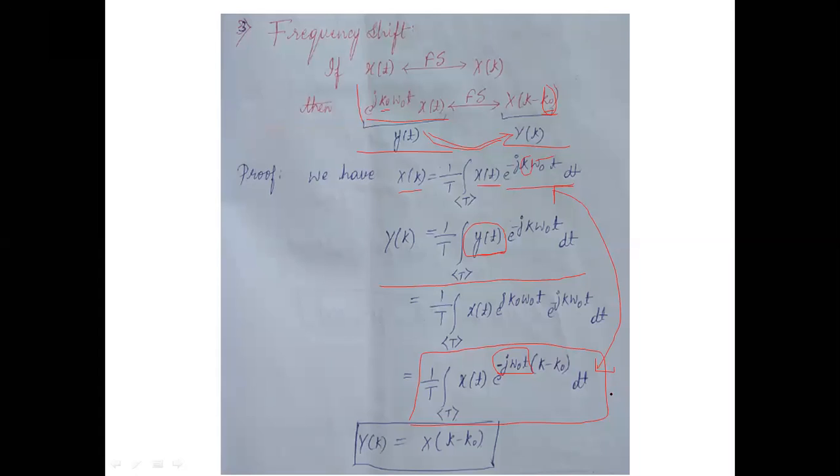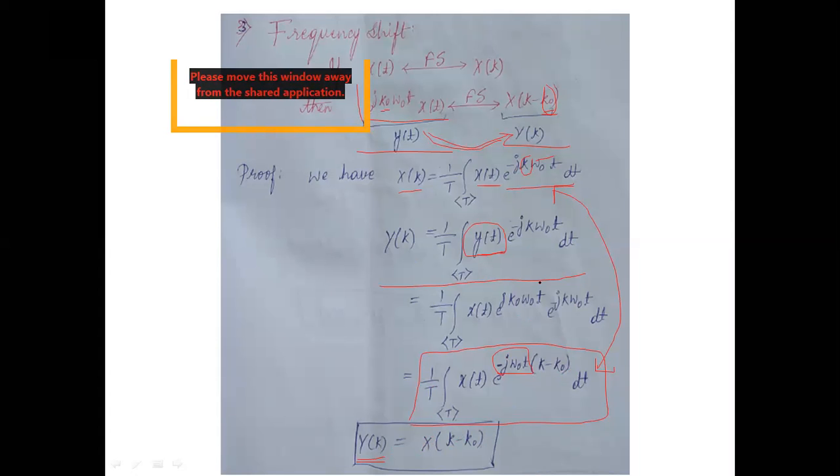So comparing these two, I can write the right hand side expression where instead of k you have k minus k naught. So this can be written as x of k minus k naught, which is nothing but equal to y of k. Okay, so this is about the frequency shift property. Fine.